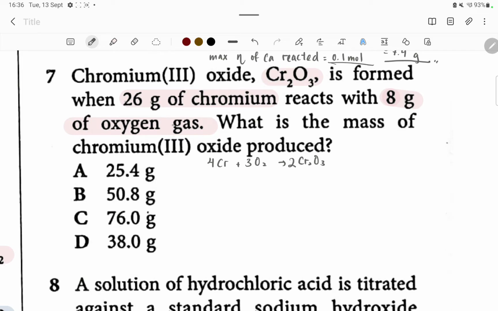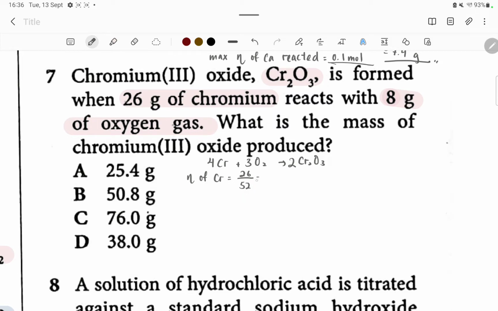After that, do mole ratio. You can use either one, but I prefer to use chromium because 4 to 2, easier. So number of moles of chromium, 26 over the relative atomic mass, so 52.